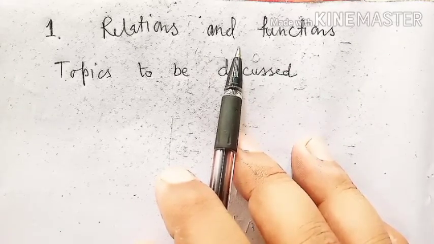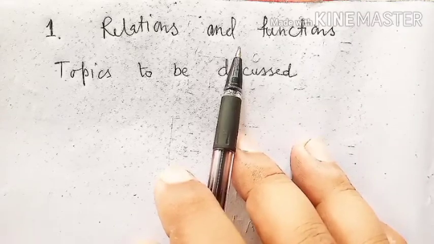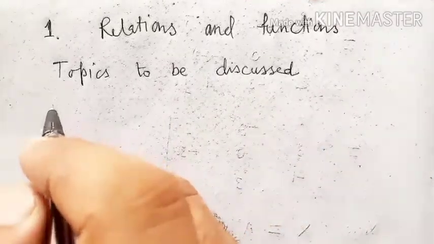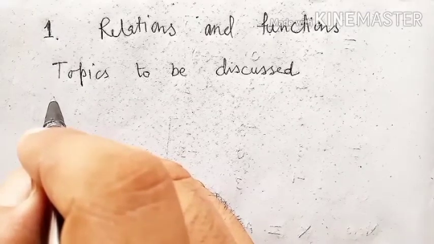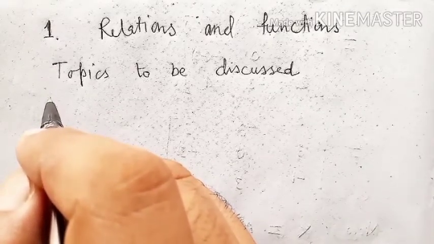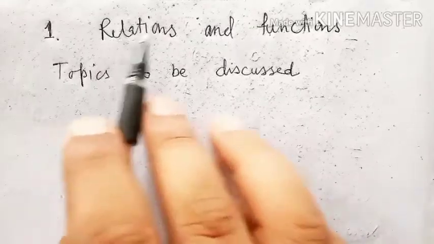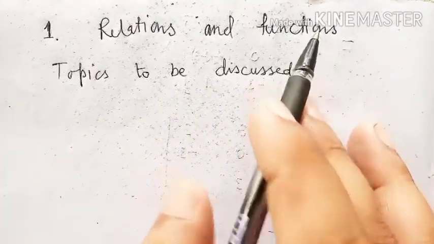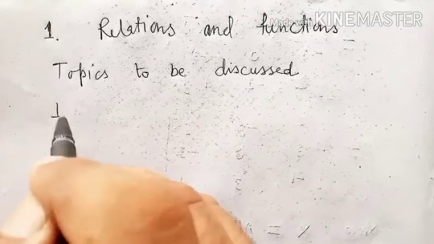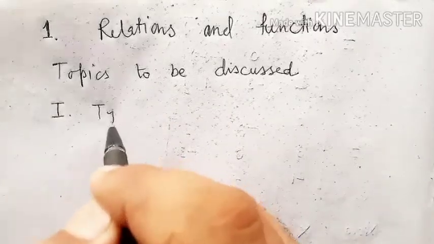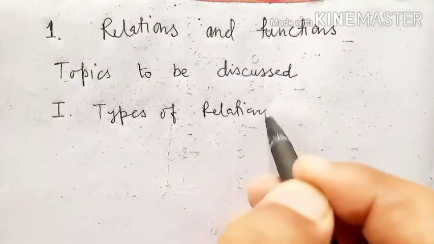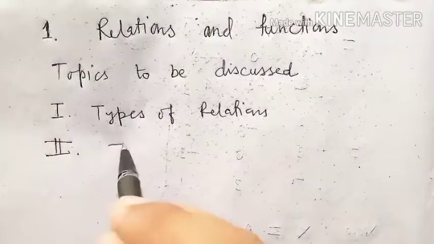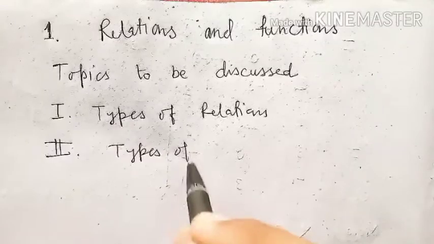So here we have to discuss the following topics. First one is we introduce the relation. In earlier classes we have discussed relation and function and its definition. Here we will discuss the following topics. First one is types of relations. Second one, types of functions.